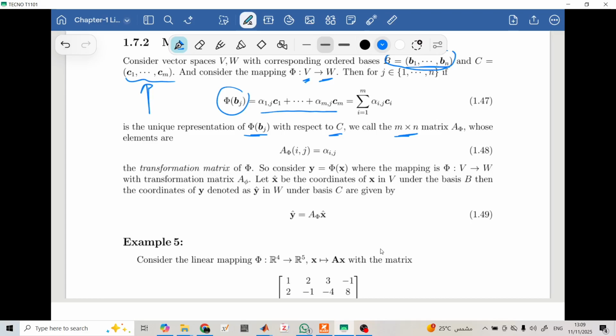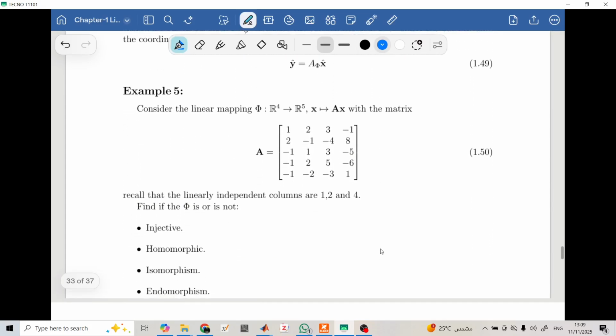So let's take an example here. We have this A. We use A to represent linear mappings. The mapping name is phi. The first thing in defining mappings is to define the domain and the codomain. So the name of the mapping is phi. It will take you from the domain R to the power 4 to R to the power 5, R5.